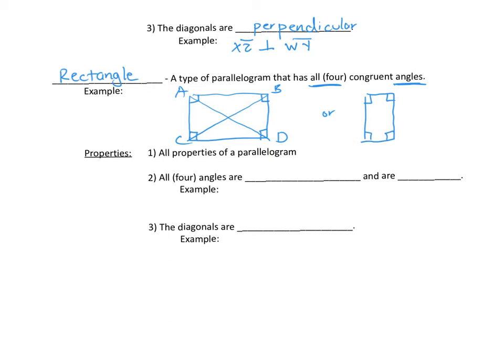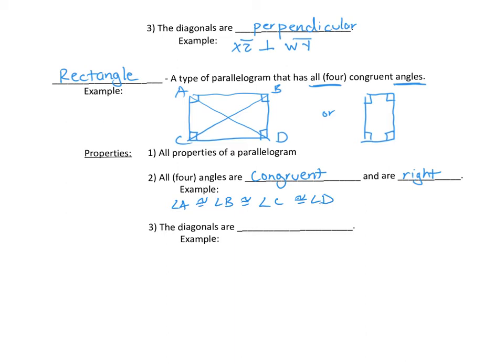The key is all the angles have to be 90 degrees. So all 4 angles are congruent and are right angles. So angle A is congruent to angle B, which is also congruent to angle C, which is also congruent to angle D.